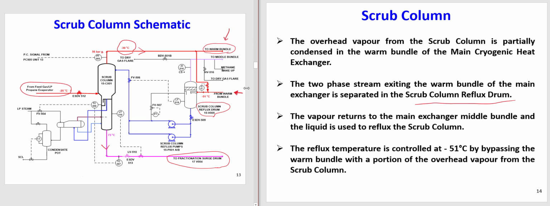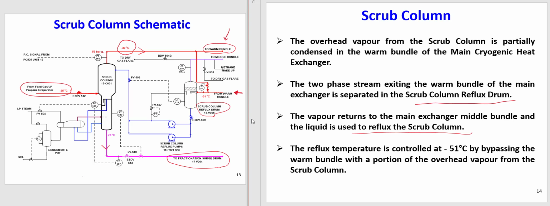In this drum, we separate vapor from liquid. The vapor returns to the main heat exchanger middle bundle, and the liquid is used to reflux the scrub column. So this reflux drum does the same job that the condenser does for us in the distillation column.